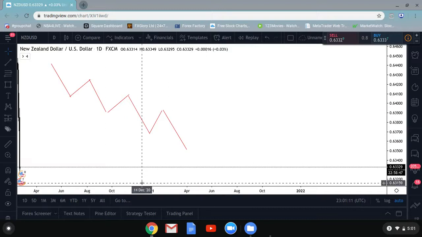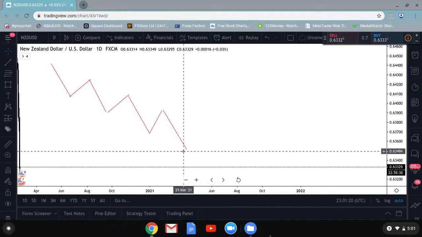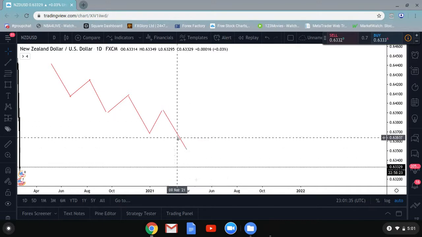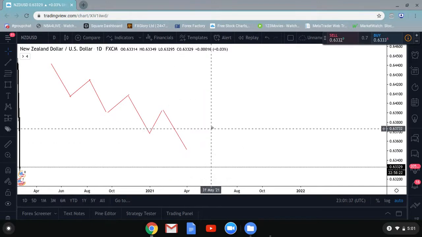When it goes into consolidation, the reason it does so before just continuing down, or pulling back and continuing, is to accumulate orders. What I mean by that is, price is in a range and it takes all these people's orders, because some people are probably like, oh, we're at the bottom, we're going to buy up here.